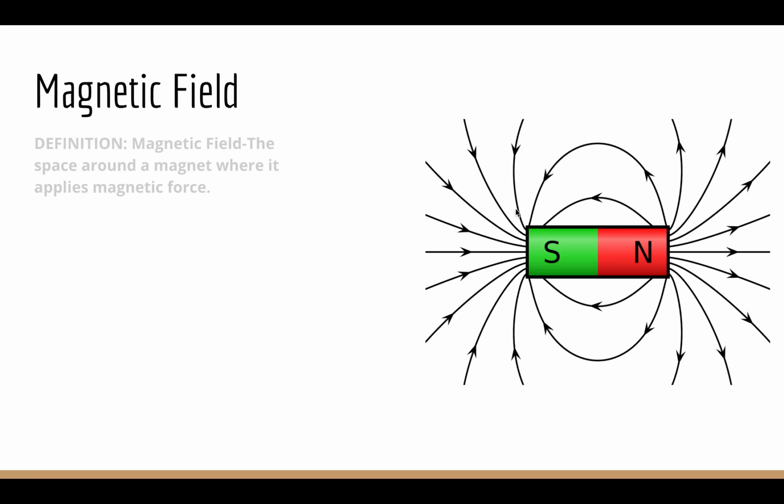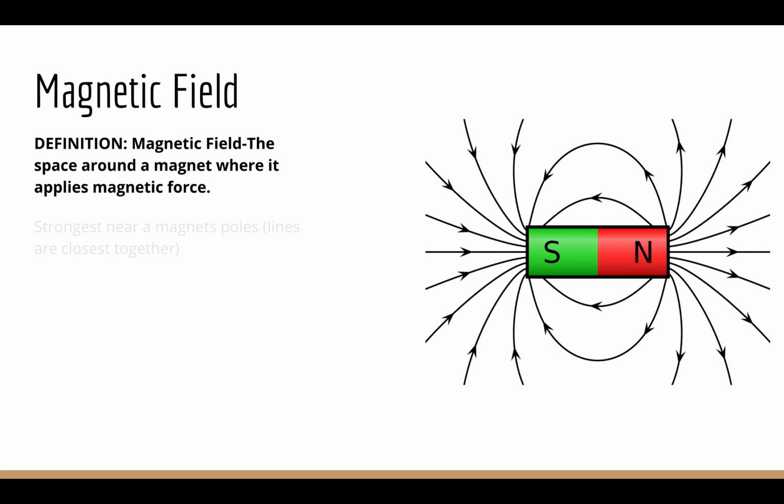So the definition of a magnetic field is the space around a magnet where it applies magnetic force. So we can see where the magnet actually affects things, and you would see that the compass is affected very greatly as it's over here, but as you get farther away, the compass is not as affected. So the magnetic field is where the magnet actually affects other magnetic objects.